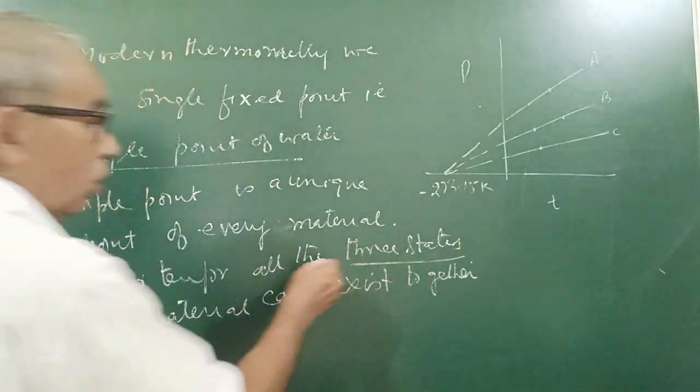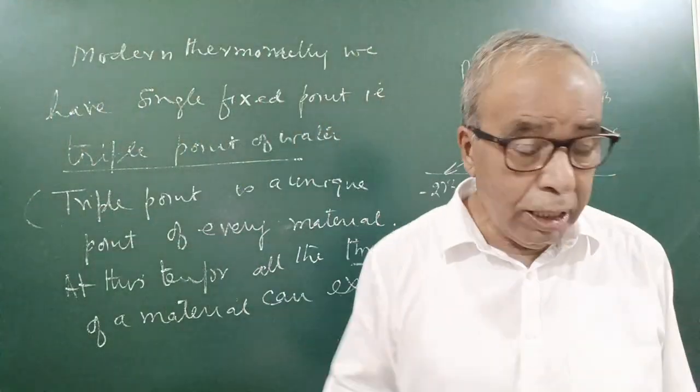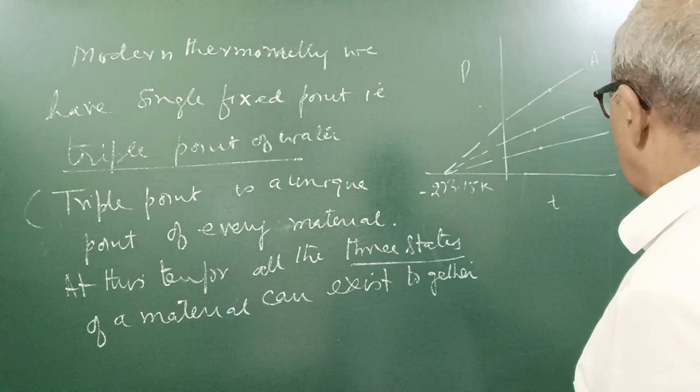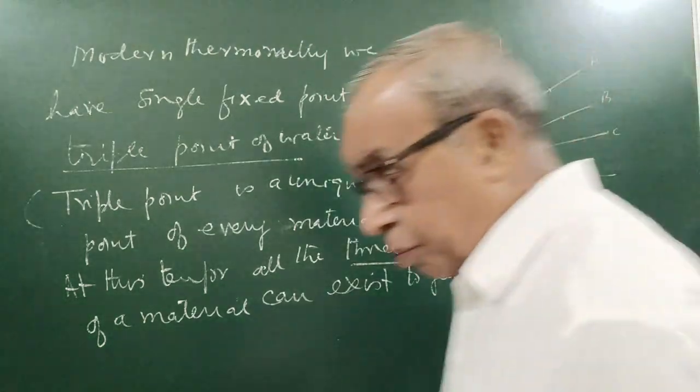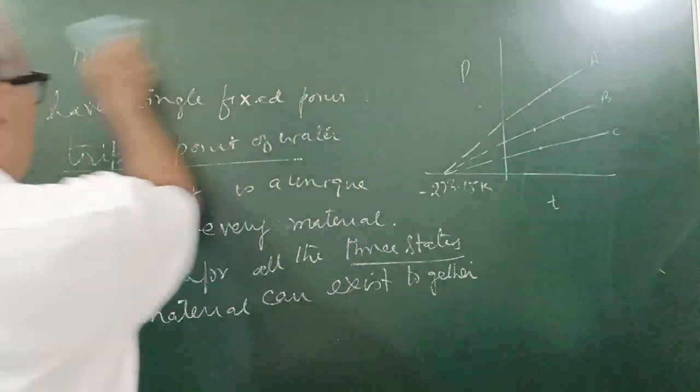Three states means solid, liquid, gas. A material can be obtained in the form of solid, liquid and gas. Actually there is a long discussion. For different materials this triple point is different.